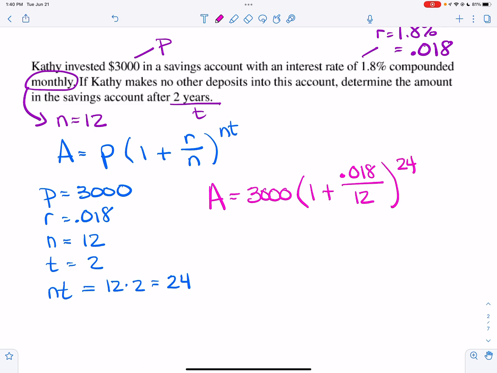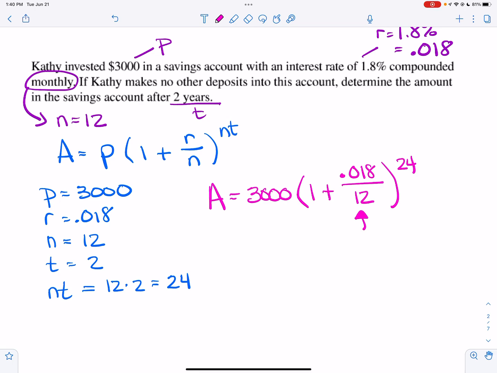Now, if you have a graphing calculator and you enter it just like that, you will get the correct answer. What I find students do is that they make errors on this because they don't enter things in the proper steps. So what I'm going to tell you to do on a scientific calculator, I'm going to have you start here.